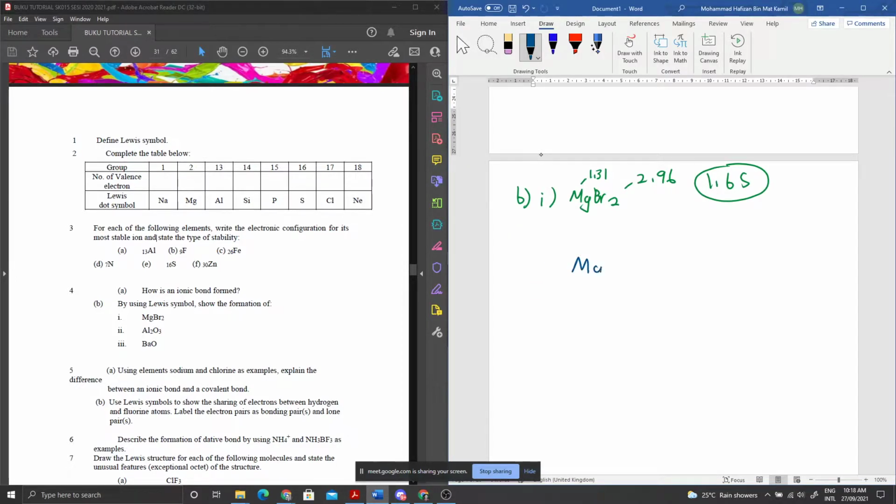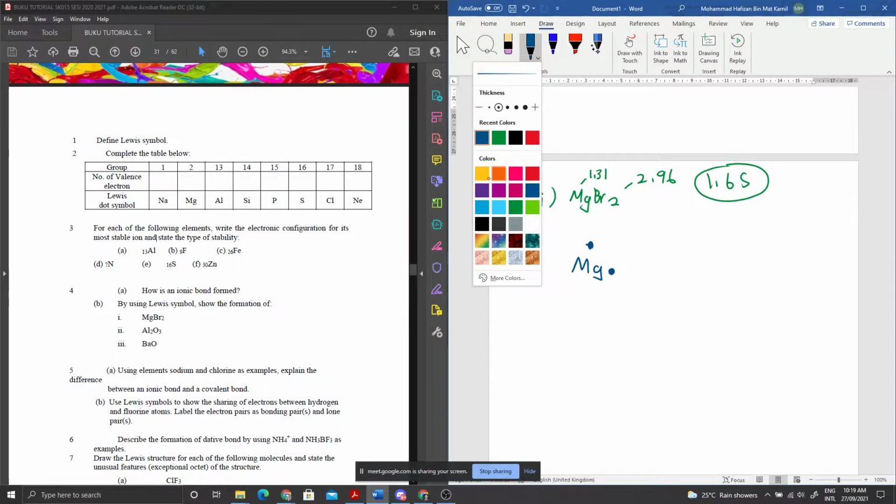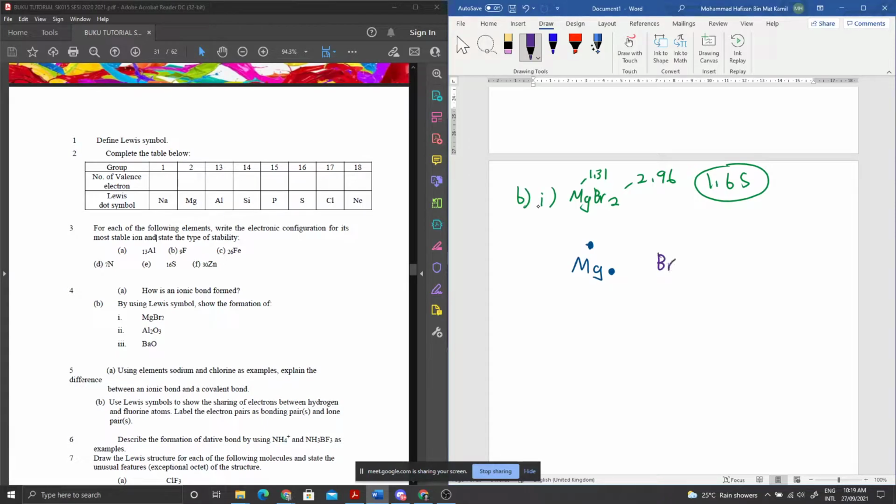Magnesium is group 2, so it has two valence electrons. You can draw valence electrons as dots or crosses. Then bromine is group 17: 1, 2, 3, 4, 5, 6, 7. And we have 2 bromine, so you have to draw 2 bromine.